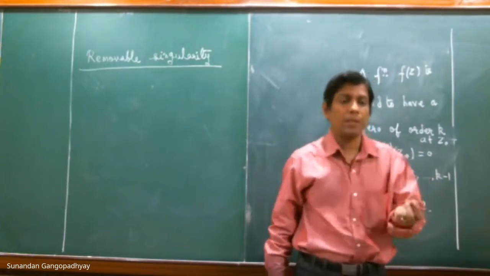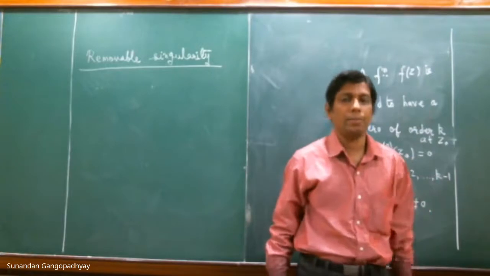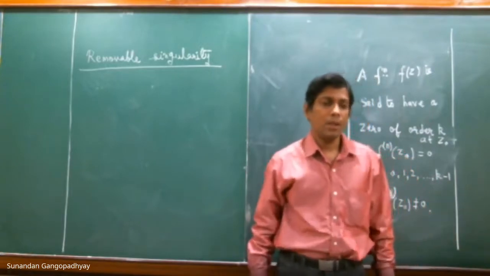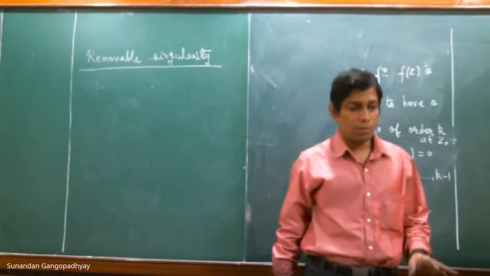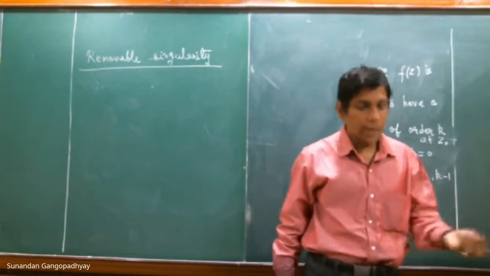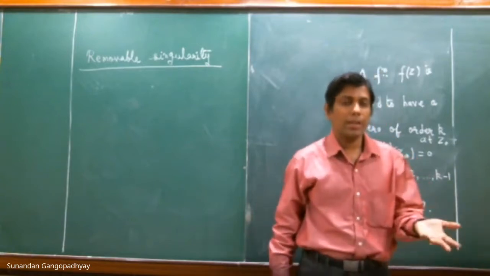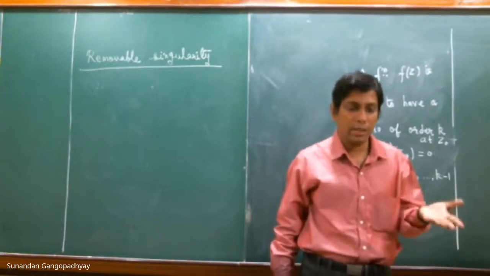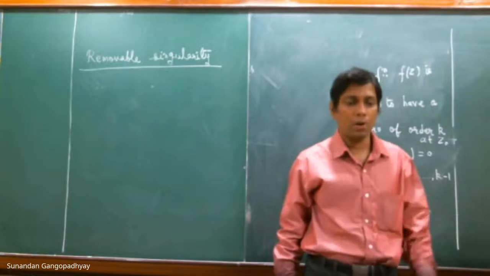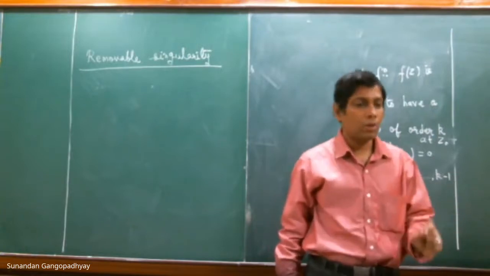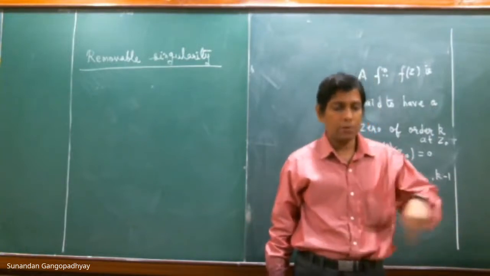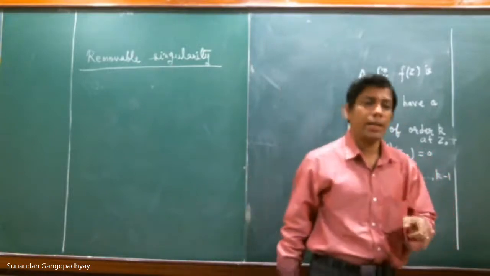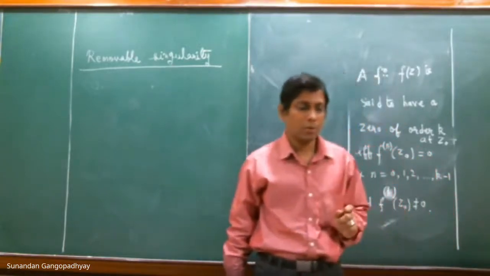Basically, the punctured disk means that you have taken that isolated singular point out. Then we have learned what is not an isolated singularity. The example is log of z. At z is equal to 0, it is a singular point for log of z, but it is not an isolated singularity, because if you take an epsilon neighborhood, then the function is not analytic at all the points in the neighborhood of that singularity.